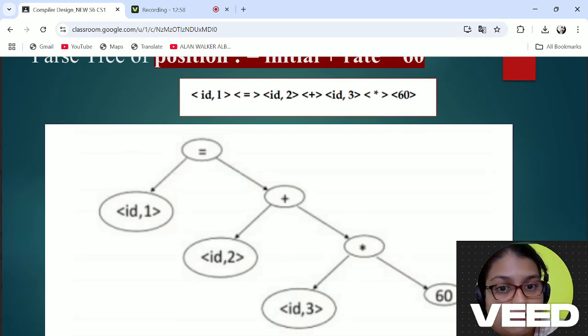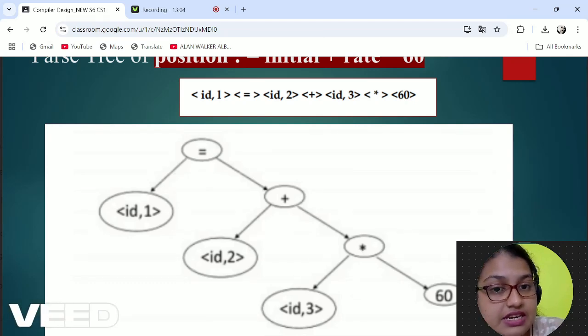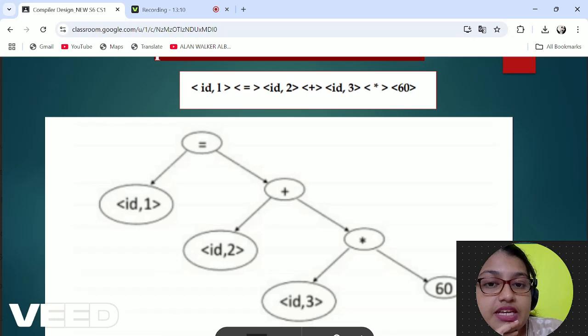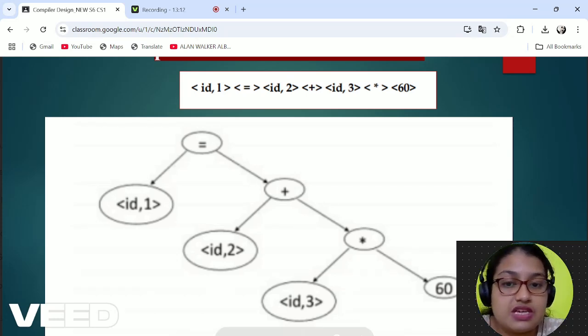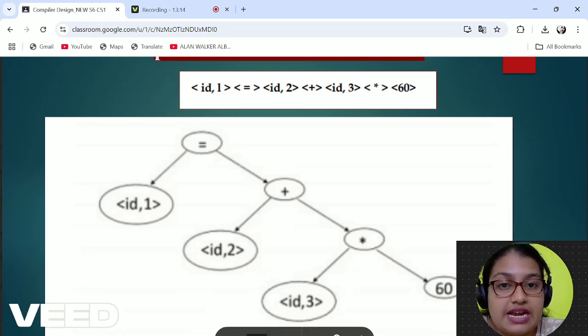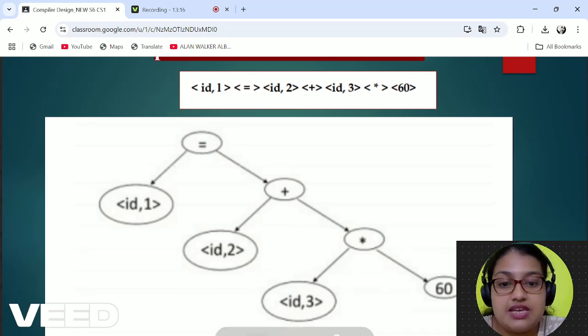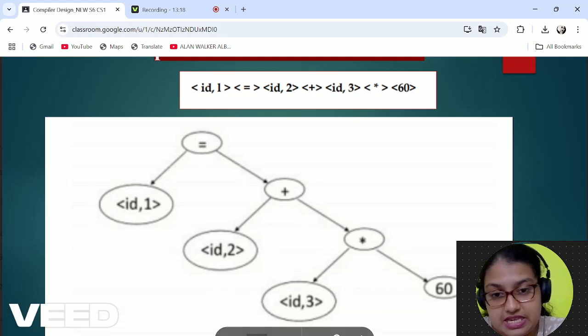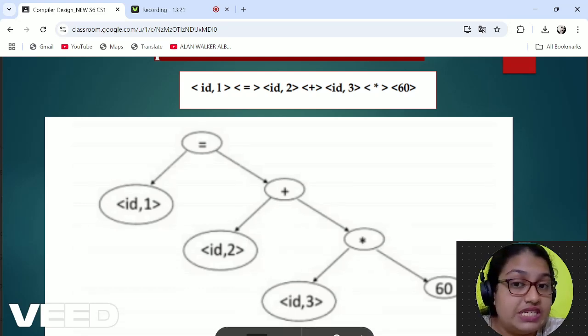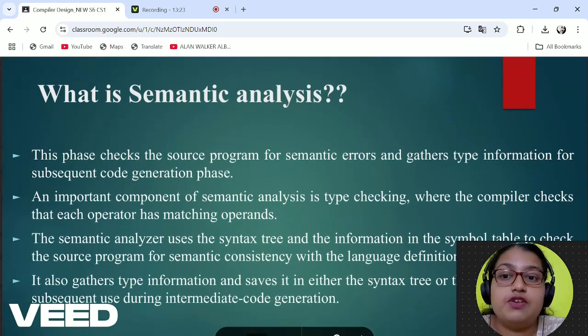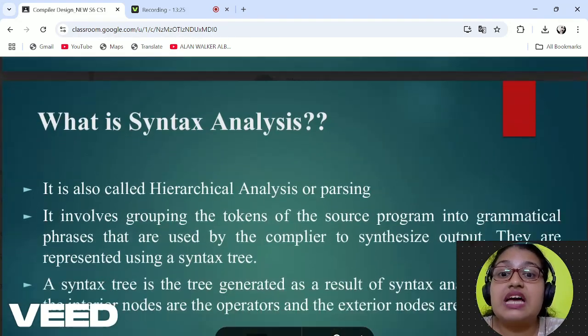So we have plus, and plus means id2 should come on the left hand side and everything else on the right hand side. Then we have star, and star means id3 into 60. So we have completed drawing the syntax tree. That is it about syntax analysis.